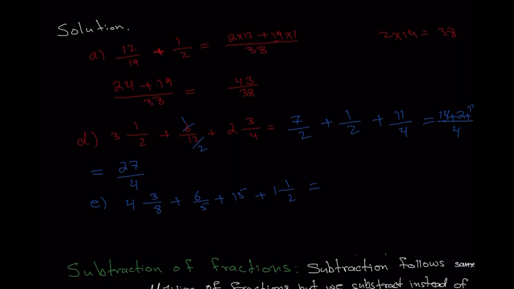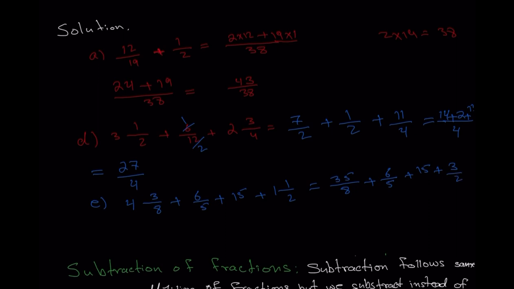It doesn't look like any reduction. Let's simplify this and convert them to improper fractions. 4 times 8 is 32, 32 and 3 will be 35 over 8, plus 6 over 5 cannot be reduced, plus 15, plus we can simplify this one. 1 times 2 is 2, 2 and 1 is 3 over 2.